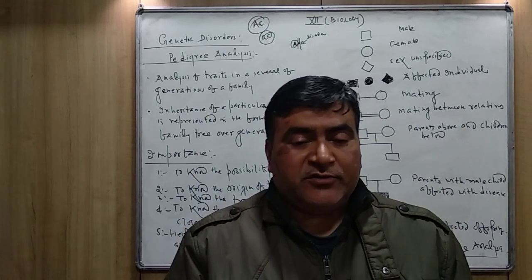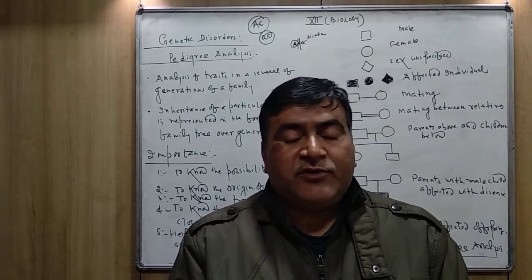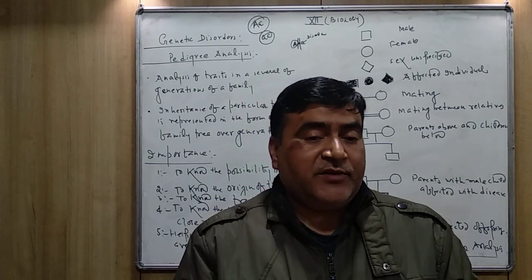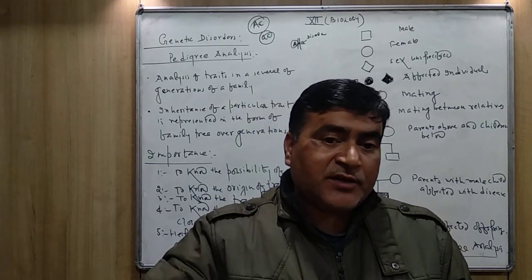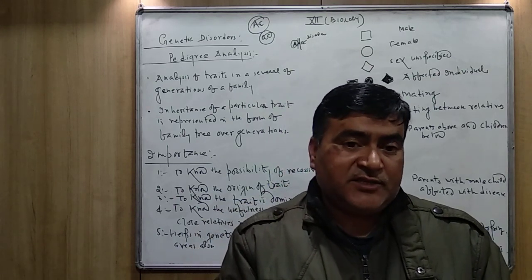If they are very close and the close relatives are going to be married, what will be the result, whether it will be useful for the forthcoming generation or harmful. Through the pedigree analysis, we will get to know.